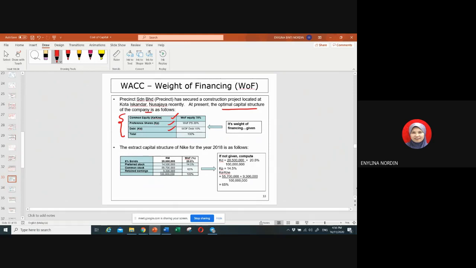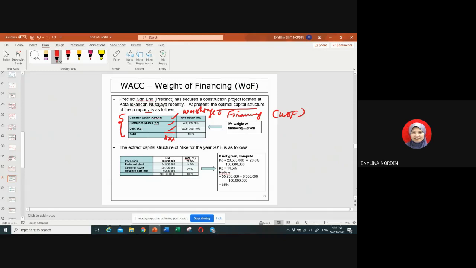So you can see here, WOF is the weightage of financing. 70% of the total capital that this company has is financed by common equity.